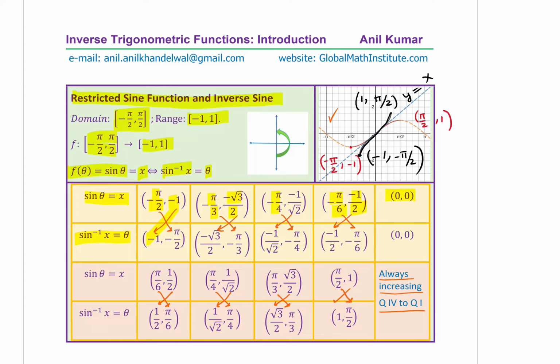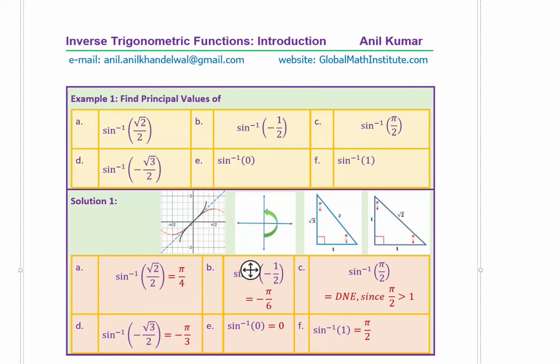So what we notice here is that all the values of the inverse function will lie in quadrant 1 and quadrant 4. So minus 1, minus pi by 2 and plus 1, pi by 2, all the values will lie in these two quadrants. So whenever we are given some values, the principal value will lie in either quadrant 1 or quadrant 4, as shown with this particular diagram. Correct.